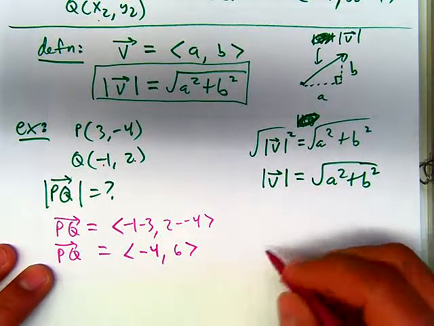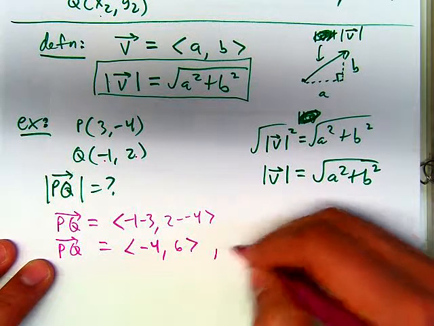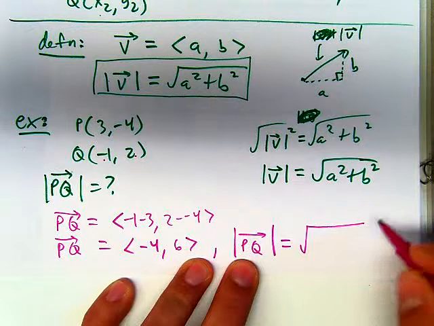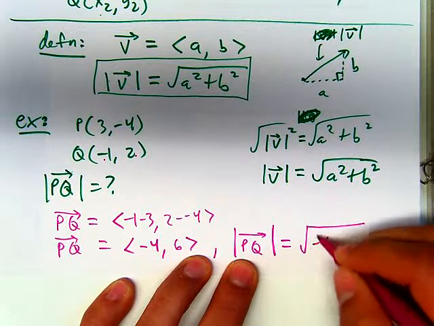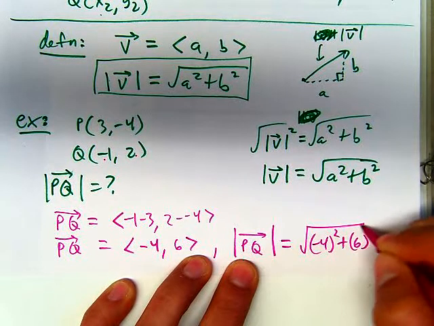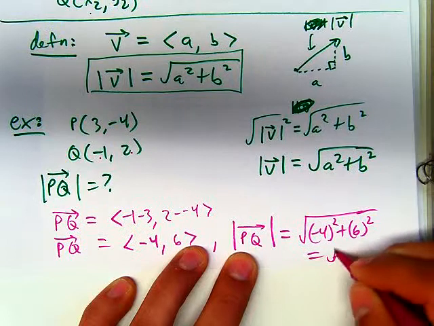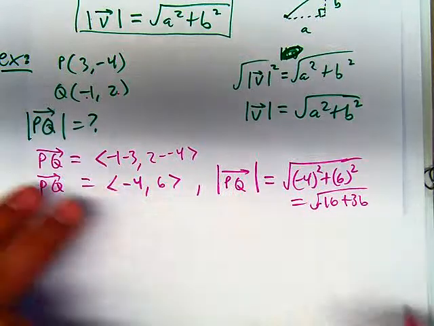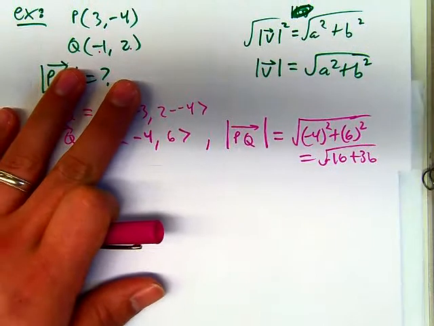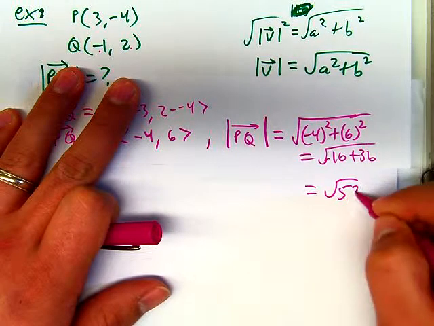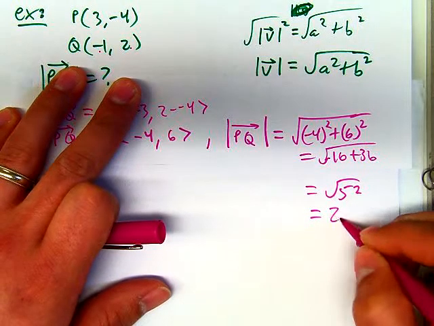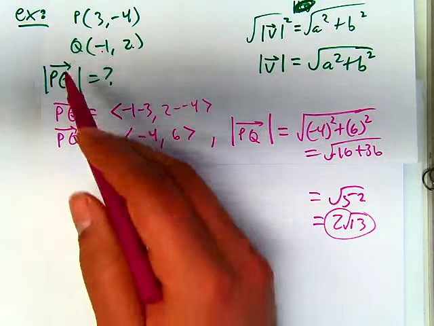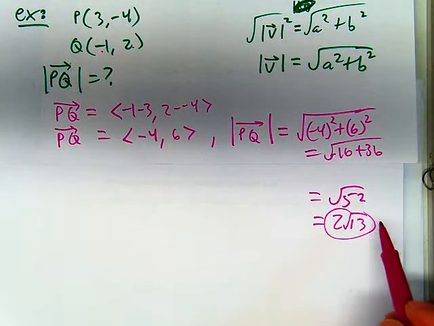So then the magnitude of PQ would now just be the square of -4 and 6 added up. Take the square root, so that's going to be root of 16 plus 36, which is the square root of 52, which is 2 root 13. So the length of the vector from P to Q is 2 root 13.